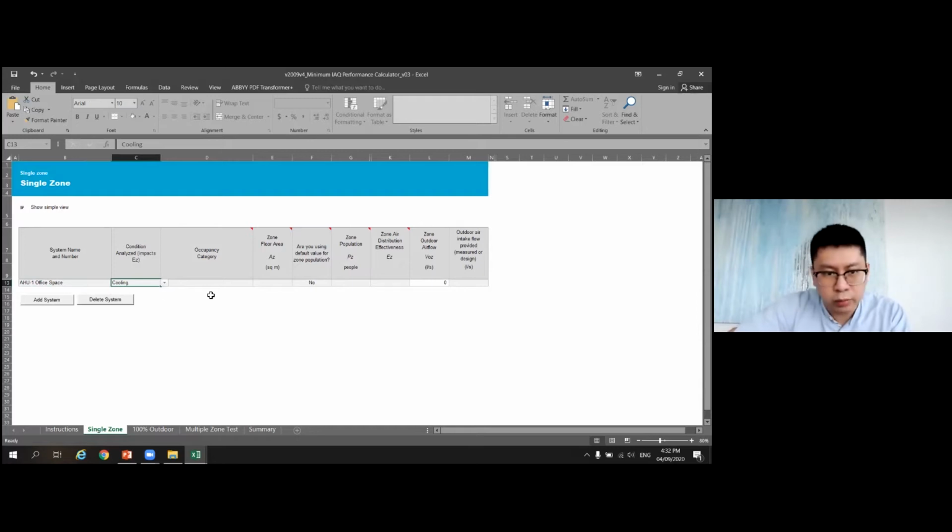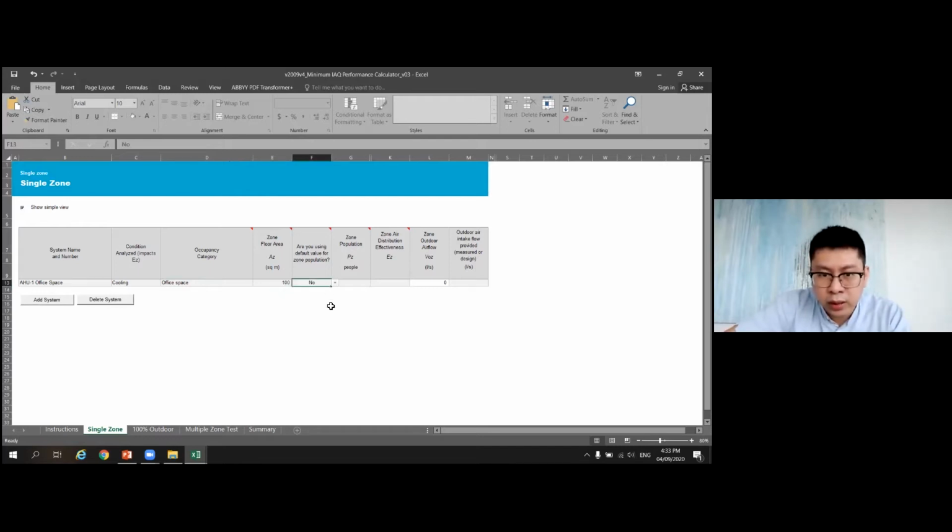Next, cooling, we serve cooling. Occupancy category, this is where you choose what type of occupancy you have. In this case, we go for, let's say, office. What is the area? In this case, I chose SI, so it's in square meters, let's say 100 square meters.